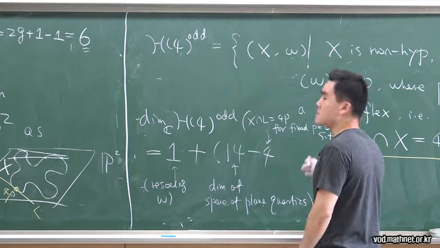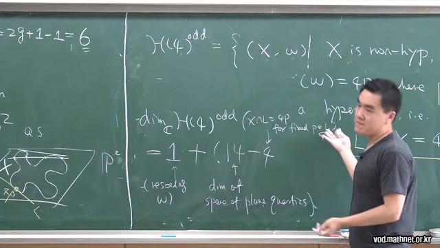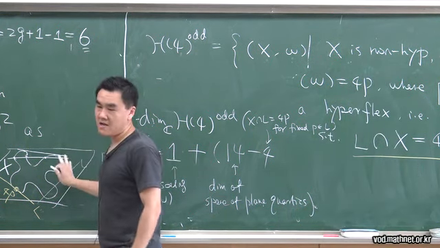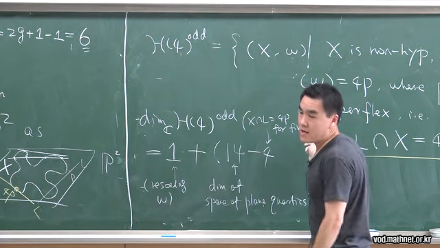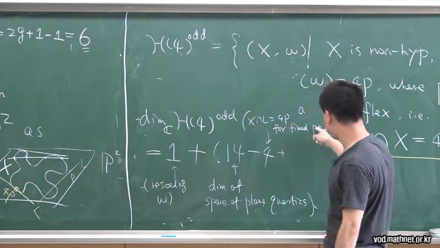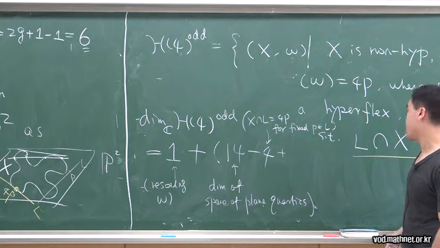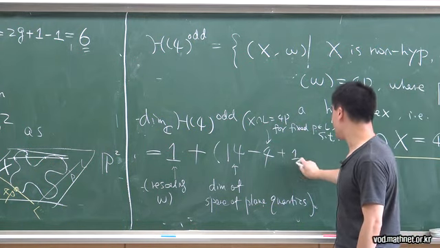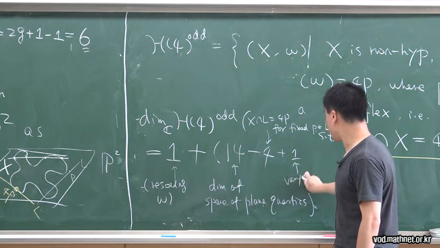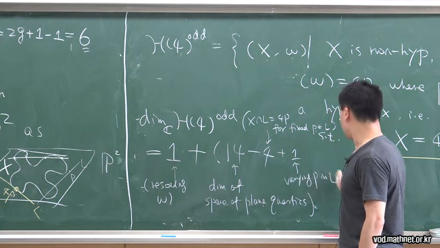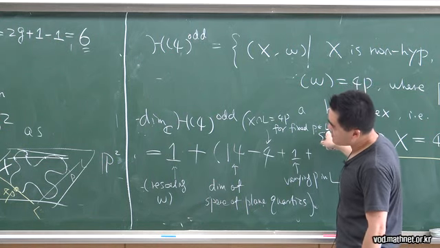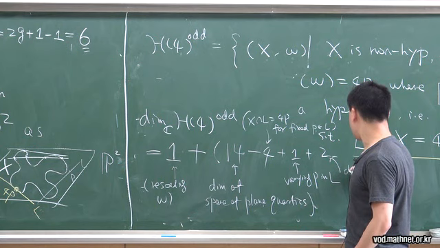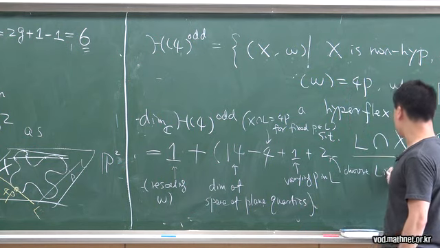Maybe let me put it this way. I don't want to fix my point P and L. I can also take another line L and P, then get a different quartic, right? If I vary P and L, I can get some extra freedom for P and L. So P varies in one dimension in L. And if I want to choose a line in P2, that is a point in the dual P2, I get 2 dimensions for choosing L in P2.